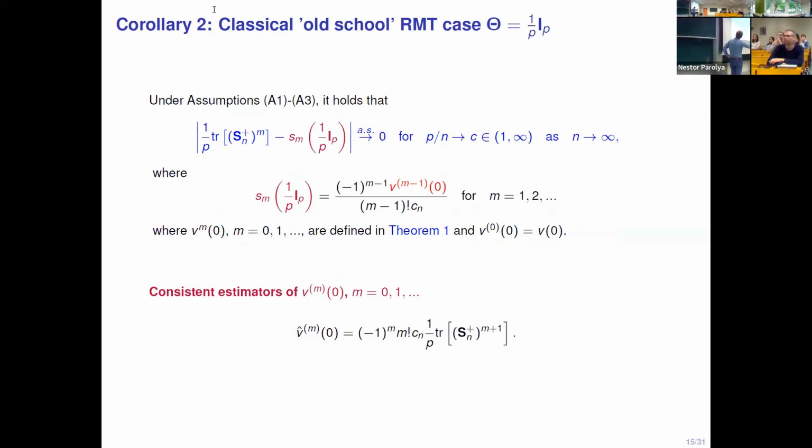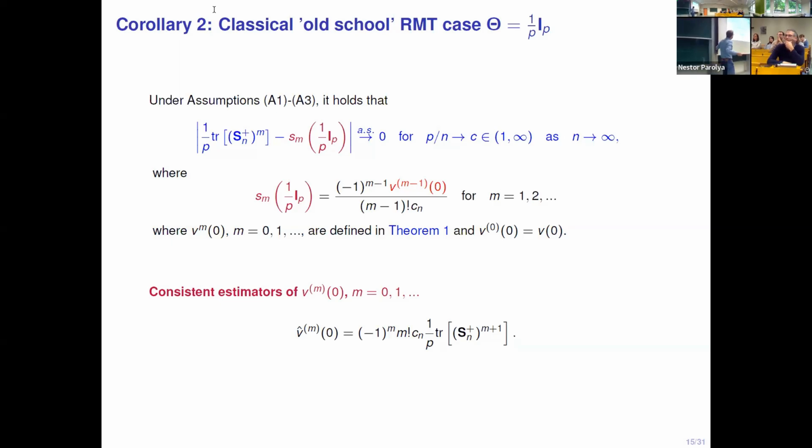Especially if you take the classical RMT case with theta equal to 1 over b identity, it's a special case. You get a specific formula which depends only on those derivatives at point 0. But this is basically just the empirical moment.